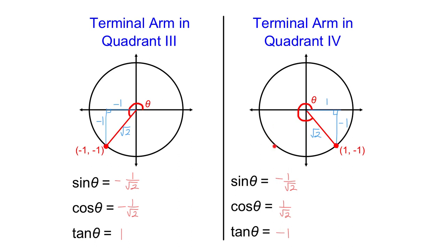When I extend my terminal arm into quadrant 4, I end up with a negative sine, positive cosine, and negative tangent. So the point I'm trying to make right now is that depending on how big your angle is, it's going to affect the plus or minus sign of your sine, cosine, or tangent.